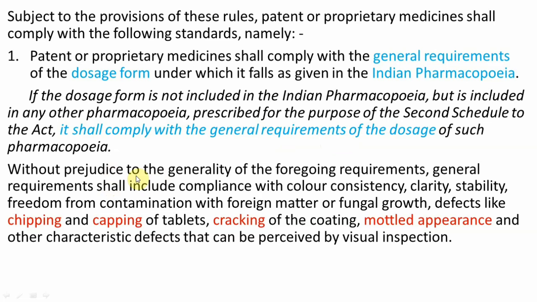Without prejudice to the generality of the foregoing requirements, general requirements shall include compliance with color consistency, clarity, stability, freedom from contamination with foreign matter or fungal growth, defects like chipping, capping of tablets, cracking of the coating, mottled appearance, and other characteristic defects that can be perceived by visual inspection.